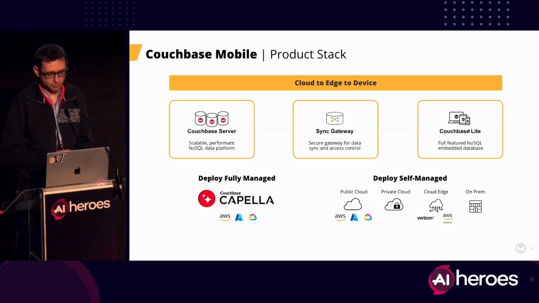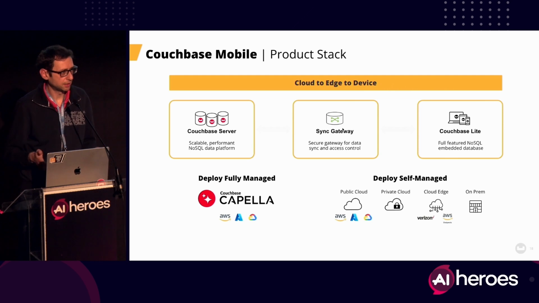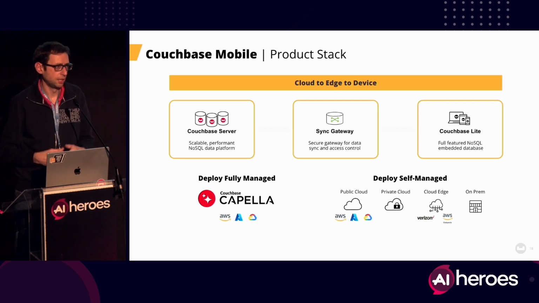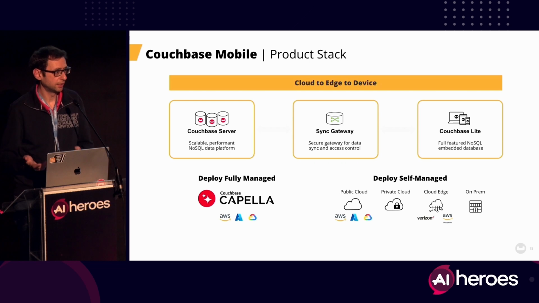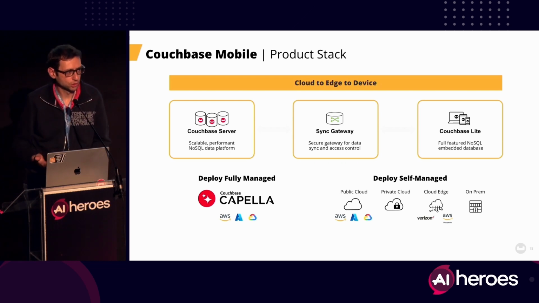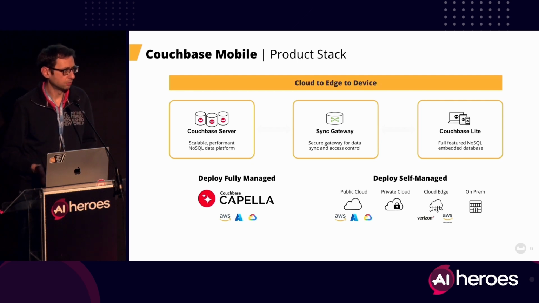So the idea is to have a full-fledged NoSQL, document-oriented database on device, and also we have the capability to synchronize the data between the device and your, I would say, central database. So the idea is to have an application with a kind of offline-first approach, that can read and write data locally on device, but then also has the capability to synchronize data with your central environment.